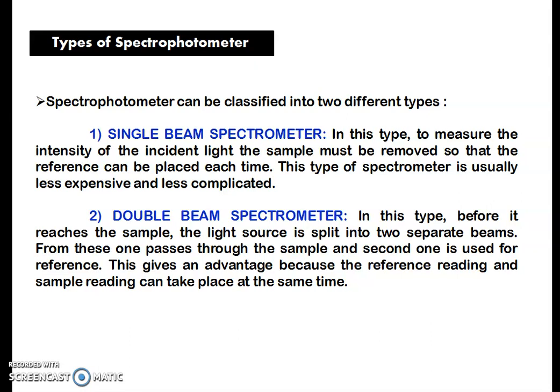So in a double beam spectrophotometer, before it reaches the sample, the light source is split into two separate beams. So the incident light is split into two separate beams, and one beam passes through the sample and one beam passes through the reference, and the difference in the intensity is compared there itself, and we can get the result more accurate than with a single beam spectrophotometer.